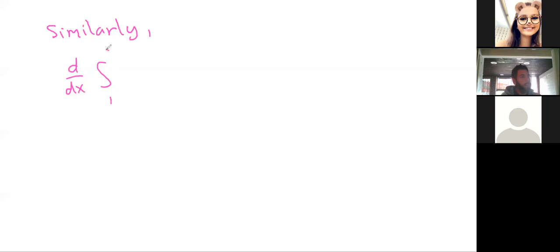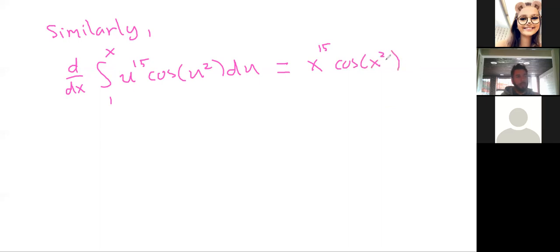How about 1 to x of, let's use u this time. How about u to the 15th cosine of u squared du? This just becomes x to the 15th cosine of x squared. That's it. No plus c, no number, that's it.